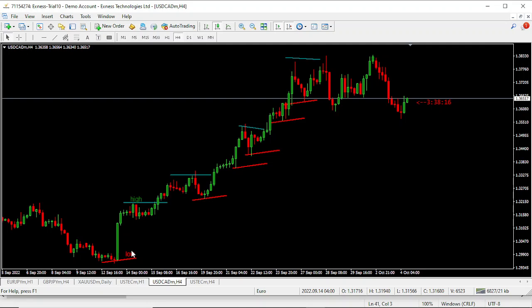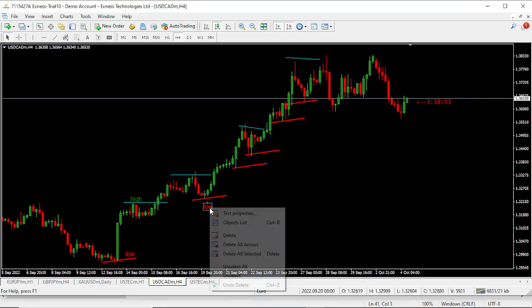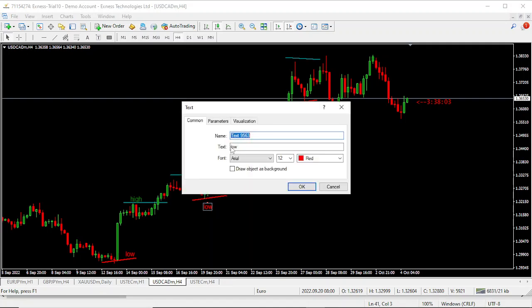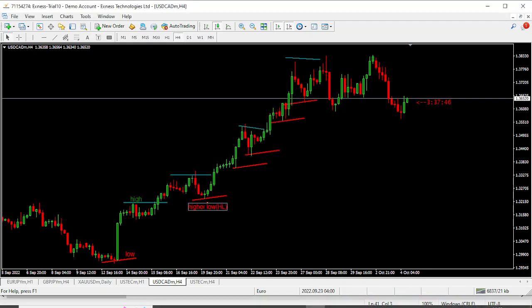If you have a look at this, from this low to this low, that low is higher than this low over here. So this means this one qualifies as a higher low because it's higher than the previous low that was made. So it's a higher low, which is abbreviated HL.